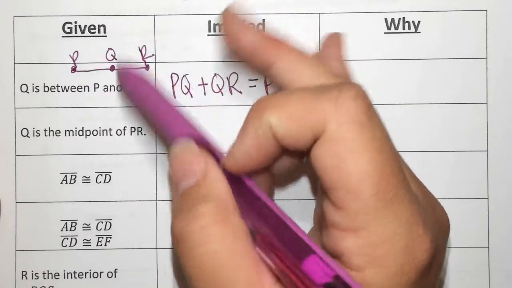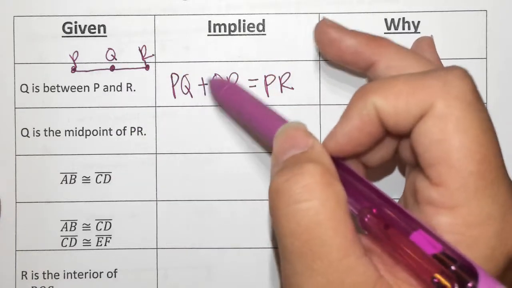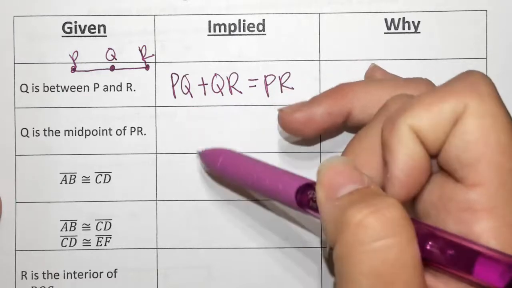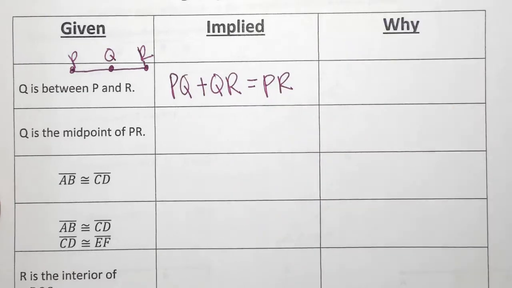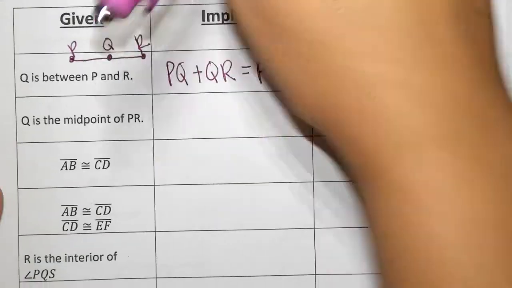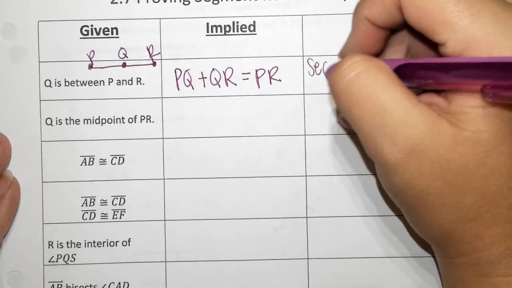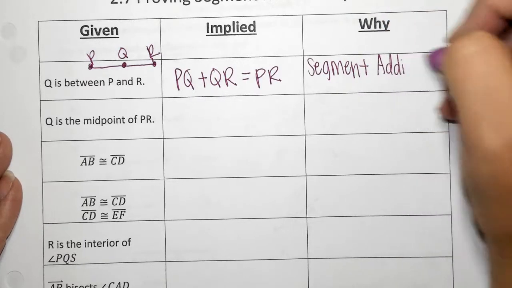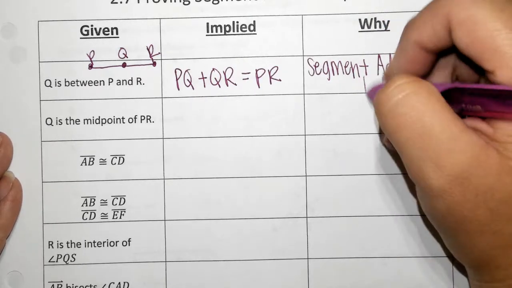Segment. What are we doing to these segments? Adding them. Segment. Addition. Postulate. There it is. Yes, that's what we call it. It's called segment addition postulate.